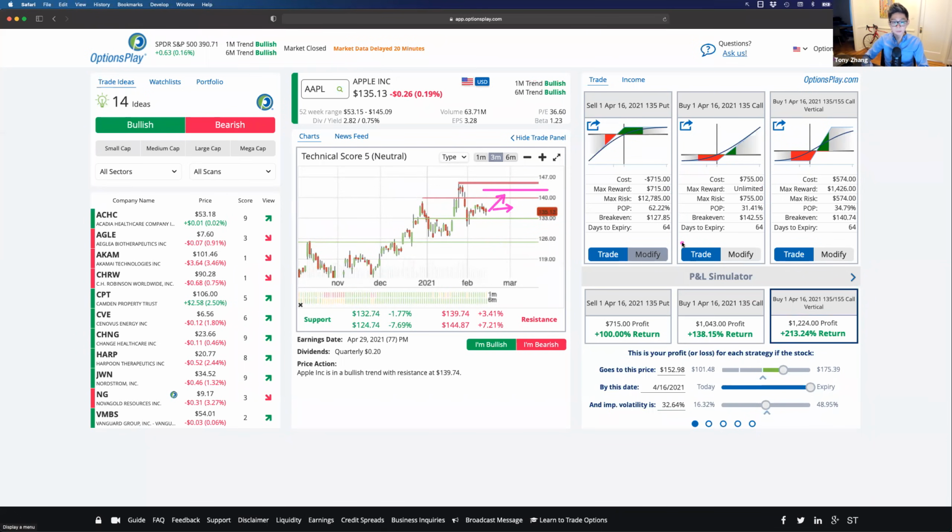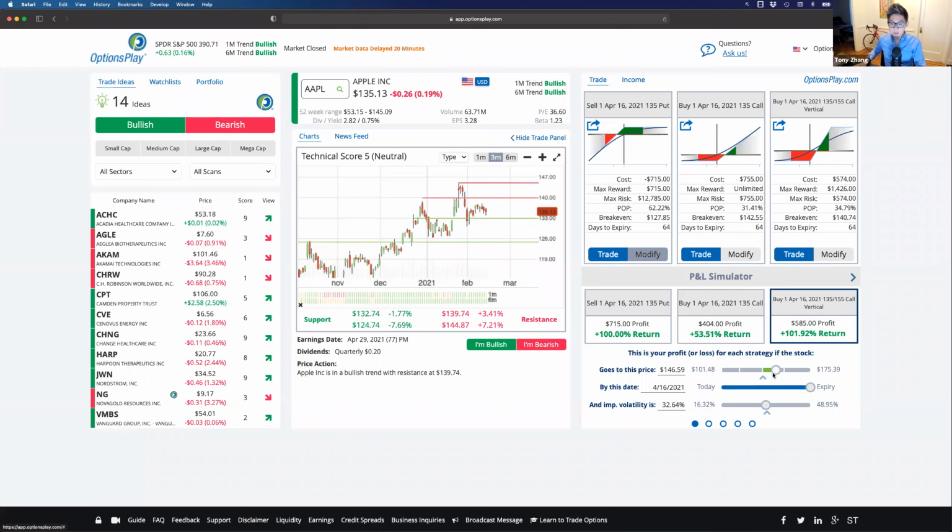On the flip side, if I sold the put, my break even is 127.85. 127.85 is down here, which means that on the flip side, if I sold the put, I make money here, here, here, here. I only lose money if I get down here, and I really lose some real money if it gets down there. Okay, so that just gives you a visual sense of where you make money, where you lose money on these types of strategies.